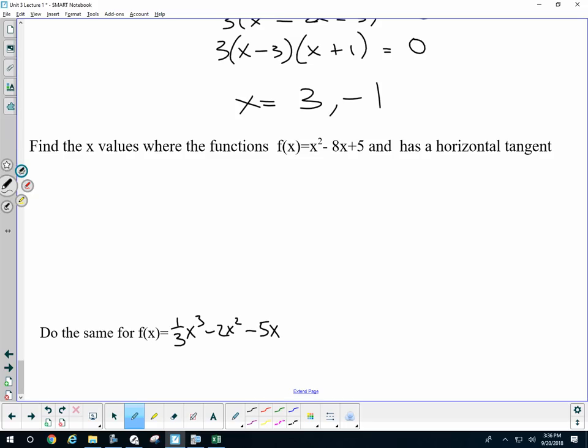What does it mean to be horizontal? Slope is 0. That's what it means to be horizontal.